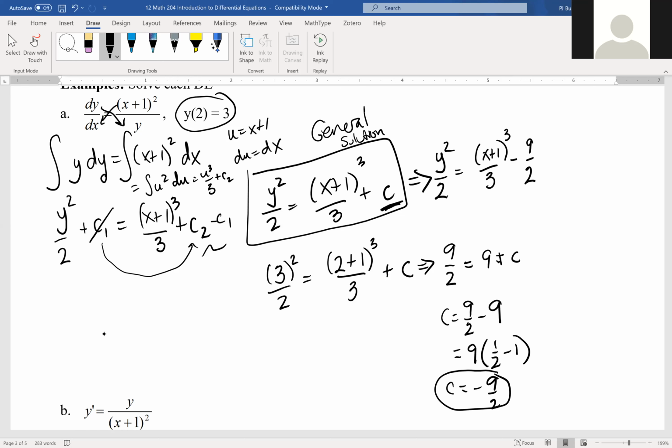So to solve this thing for y, I need to multiply through by 2, and then take the square root of both sides.